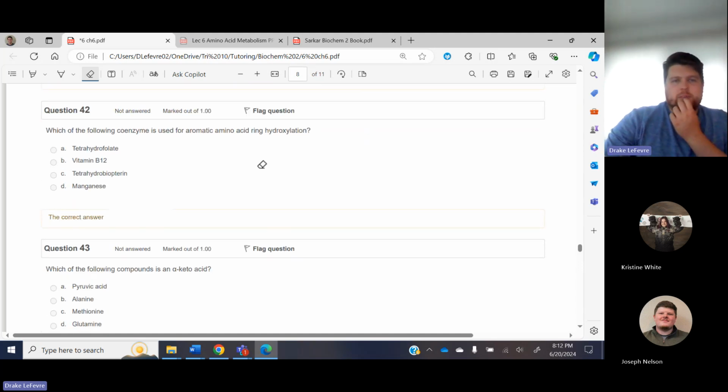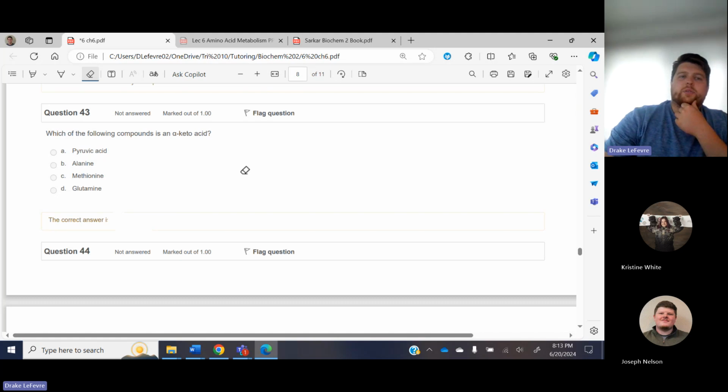Which of the following coenzymes is used for aromatic amino acid ring hydroxylation? We talked about this one as well, because we gave the example. Tetrahydrobiopterin does our amino acid ring hydroxylation. Which of the following compounds is an alpha keto acid? In this case, this says acid.